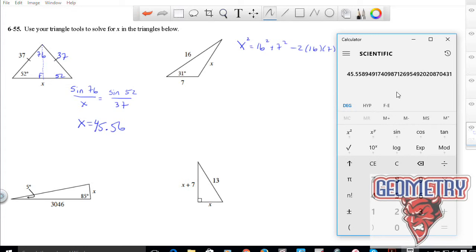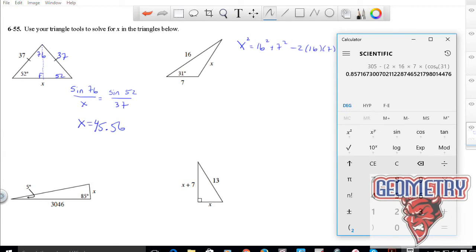So we got 16 times 16 is 256 plus 49, so 7 squared is. And then I'm going to subtract a whole bunch of stuff. So I'm going to put this in parentheses. I'm going to subtract 2 times 16 times 7 times, and then we want the cosine of 31, so I'm putting that in another set of parentheses.